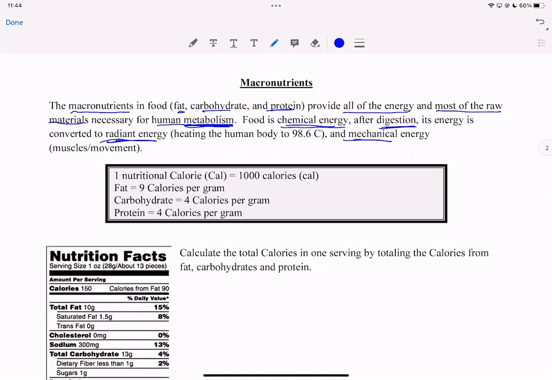That includes muscles, but also smaller scale at the microscopic, submicroscopic level, moving things around in your body, like nerve impulses. So radiant energy is the majority of why we eat, is to heat up your body and keep it at this 98.6. That's what all the biochemical reactions in your body evolved to operate at, this warmer temperature.